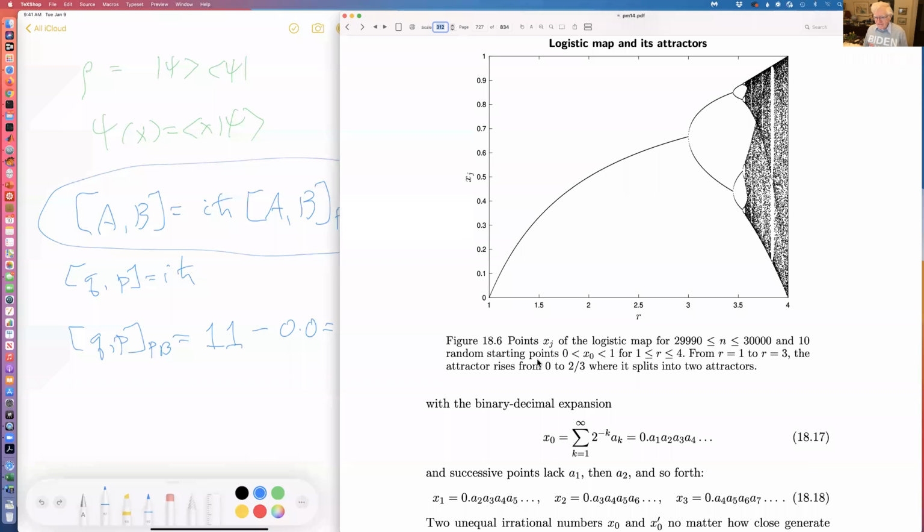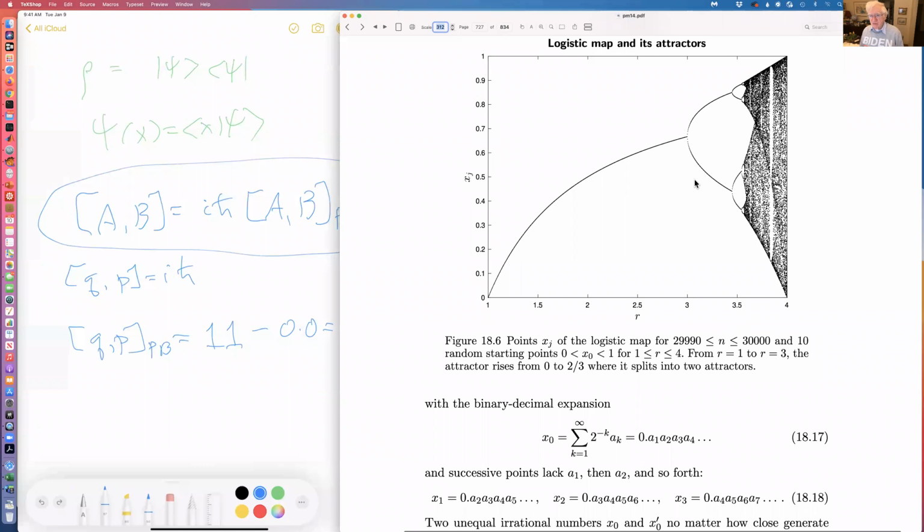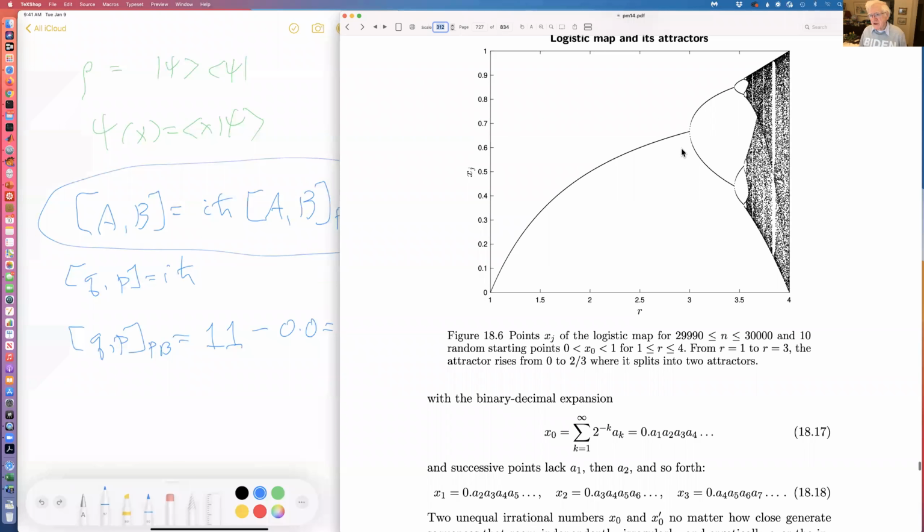According to the value of R, you get these points here. They're points between 0 and 1, and there should be basically 100 points on each axis here. For each value of R, you'd have 100 examples. And you have this amusing behavior where you first have a curved line, then a bifurcation, then a second bifurcation, and then multiple chaotic bifurcations.